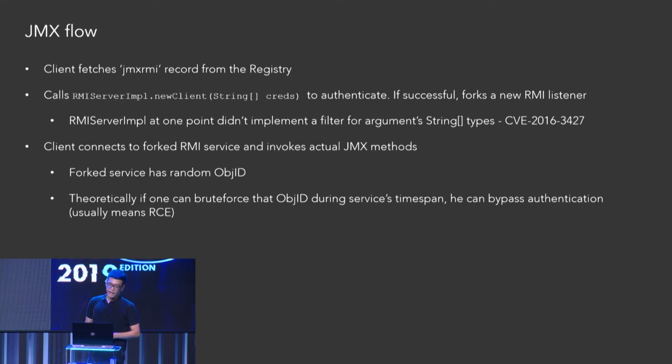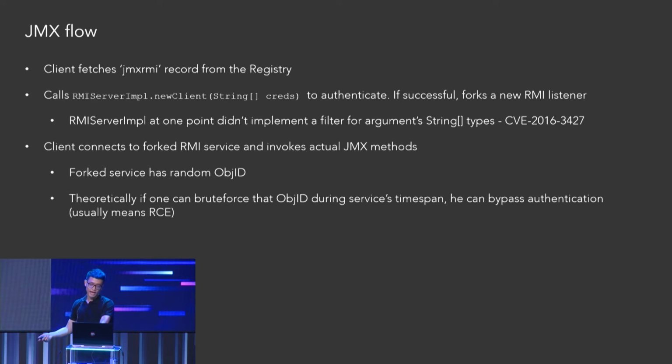In the past there was an exploit on this protocol because the Java runtime didn't implement a filter for the argument string types. So this led to a CVE. Then, if the authentication process is successful, it forks a new RMI listener, and then the client connects to the forked RMI service and invokes the actual JMX methods that it wants to invoke.